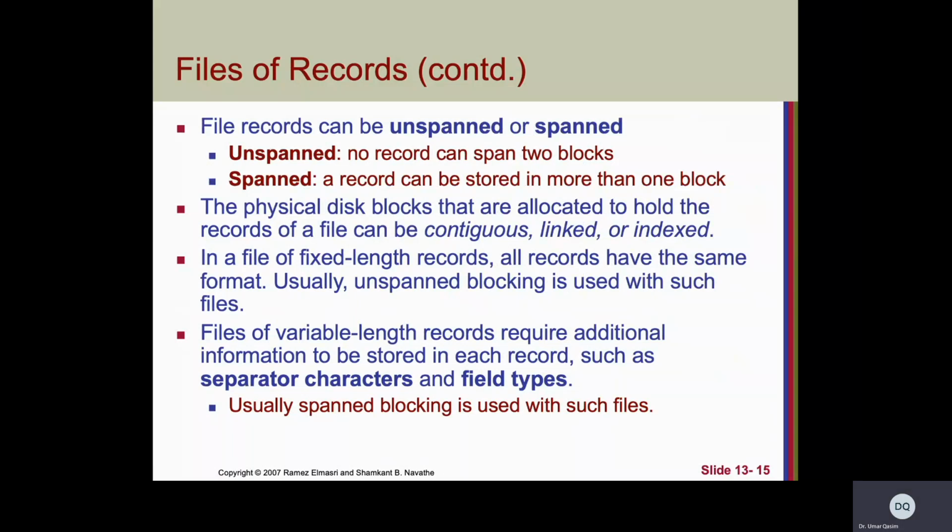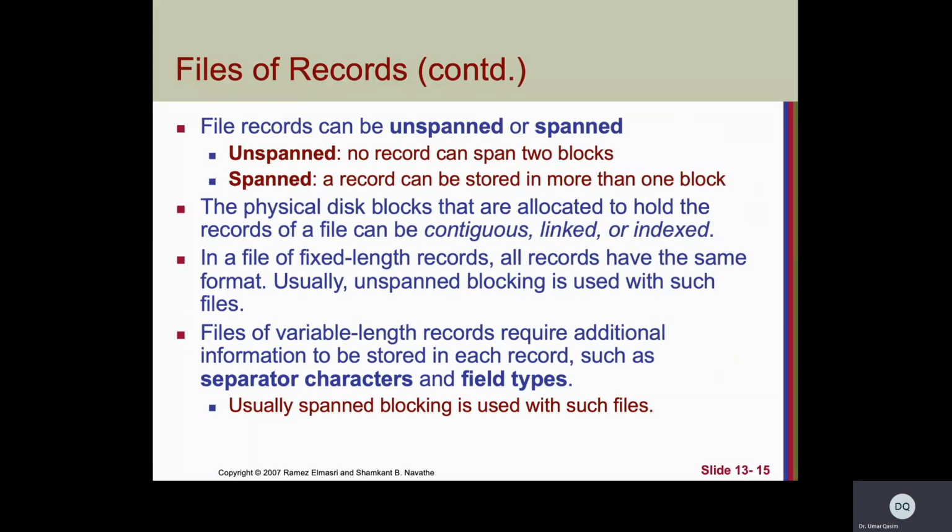So if you think about it now, a file will have many records. So now this file physically on a disk block, all the records that are in one file could be contiguous, like they are one by one together, or they are linked, or they may be indexed.